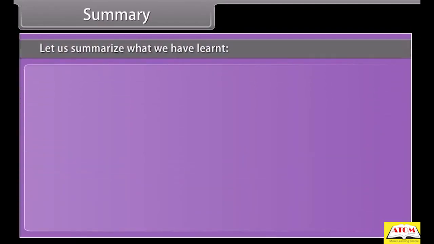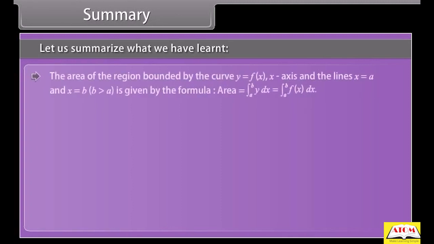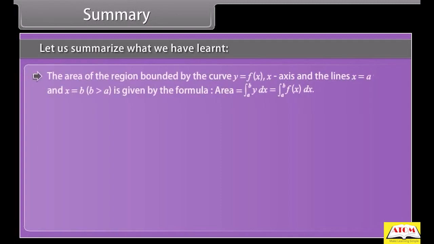Summary. Let us summarize what we have learned. The area of the region bound by the curve y equals f of x, the x-axis, and the lines x equals a and x equals b, where b is greater than a, is given by the formula area is equal to the integral from a to b of y with respect to x, equals the integral from a to b of f of x with respect to x.